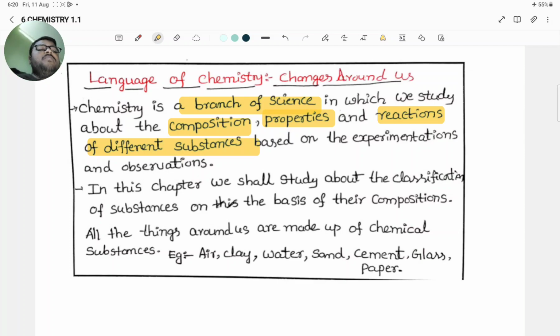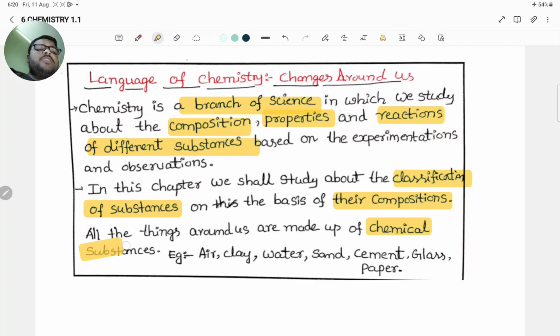Now in this chapter we shall study the classification of substances on the basis of their composition. First point: when you observe our surroundings, the things are made up of chemical substances only.